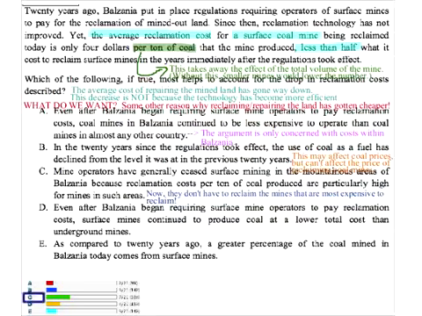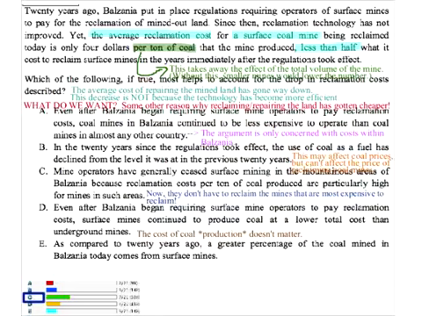"Even after Balsania began to require surface mine operators to pay reclamation costs, they continued to produce coal at a lower total cost." Again, we're only concerned with the cost of reclamation. The cost of coal production is actually irrelevant. Cost of coal production doesn't matter, because reclaiming the mine is something that you do when you are done mining the coal.